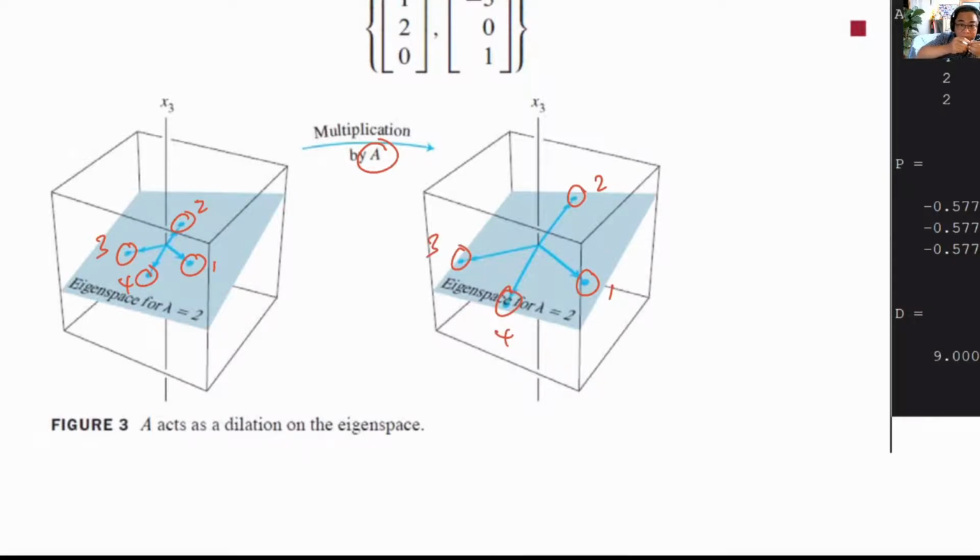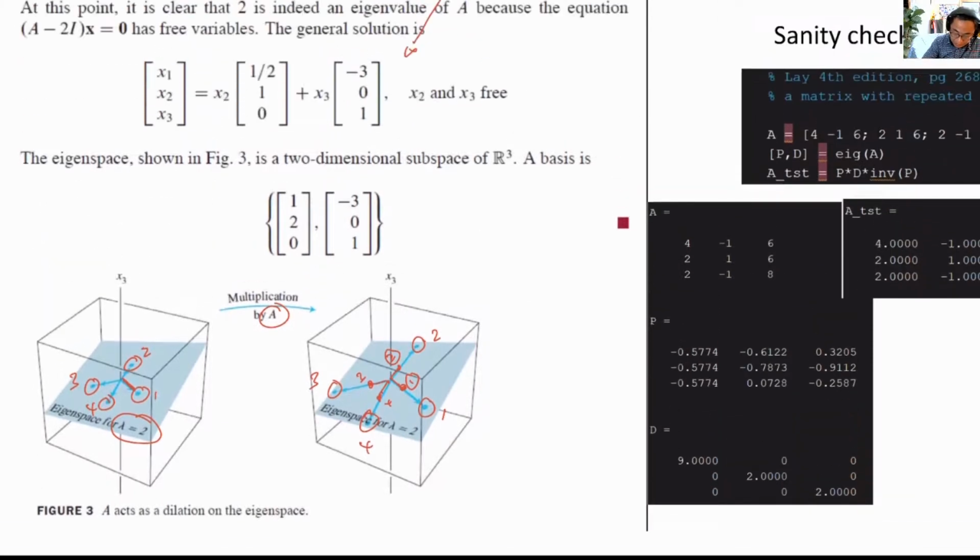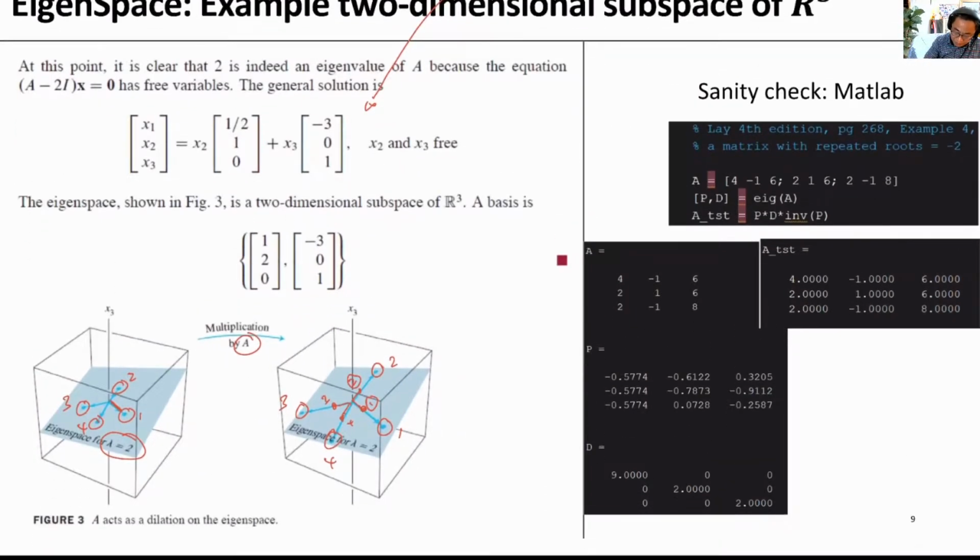Basically, these 4 vectors will be stretched by 2, the given eigenvalue. Its length will be stretched by 2. Its direction remains exactly the same. So this was the original 1, this was the original 2, this was the original 3, and so forth. Original 4. It doubles the length. Okay? So that's the key idea of this example.